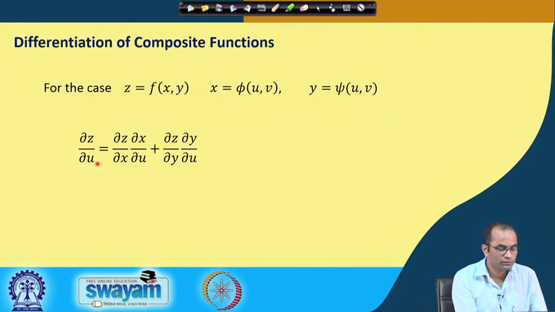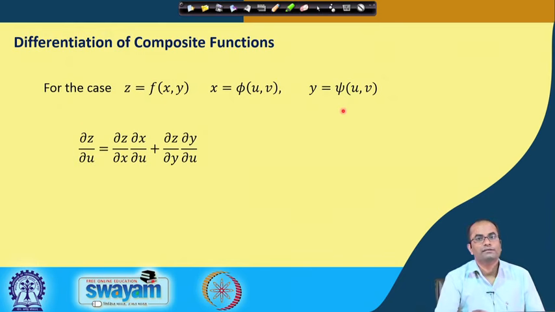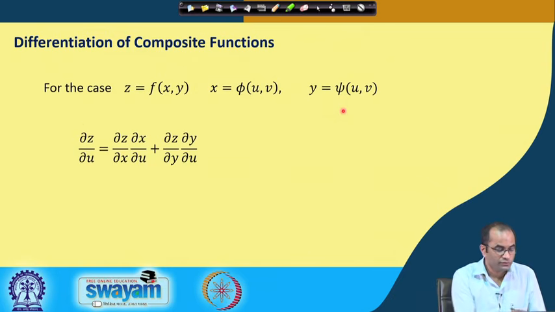So, this del z over del u. Now the partial derivatives here, because x and y are functions of two variables u and v, we will have the partial derivative of z with respect to u, without substituting all these into this function and then getting the partial derivatives.